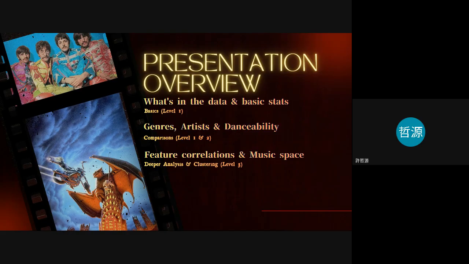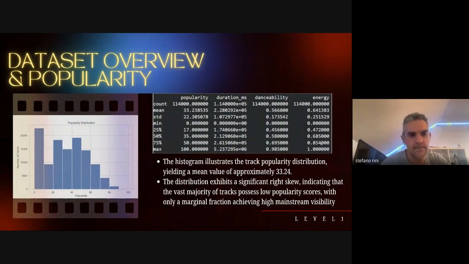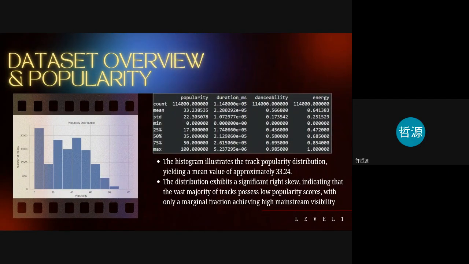And to wrap up, we'll go into a level 3 deep dive, exploring how different features relate and analyzing the overall user space. For level 1, the assignment asks us to plot a histogram of track popularity, find the average score, and determine whether most songs are obscure or popular.